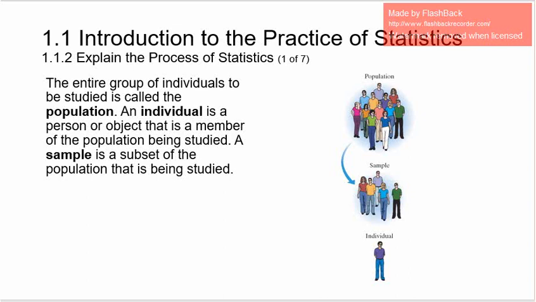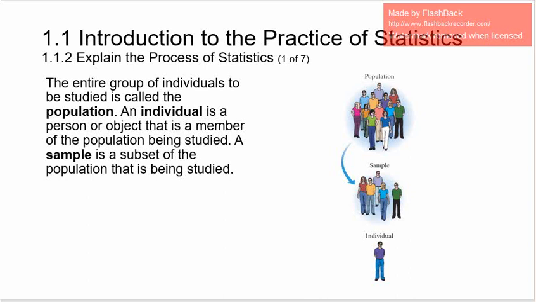An entire group of individuals to be studied is called a population. An individual is a person or an object that is a member of the population being studied, and a sample is the subset of the population that is being studied. In our scenario, the population will be the entire body of students at our school, and an individual will be a single student.